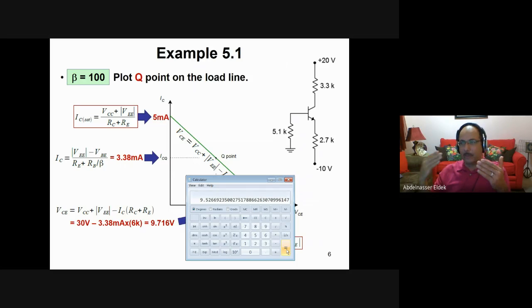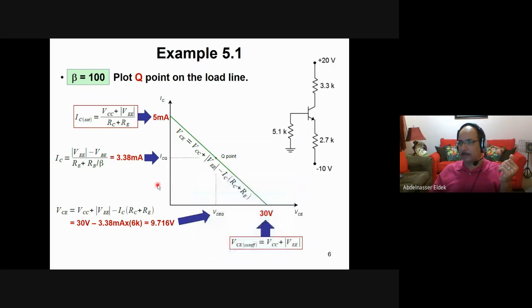There's no big difference. So when you change beta from 100 to 200, all that happened is that this current will be almost 3.4 milliampere, and the voltage VCE is 9.52 volt. And this is the same answer here.